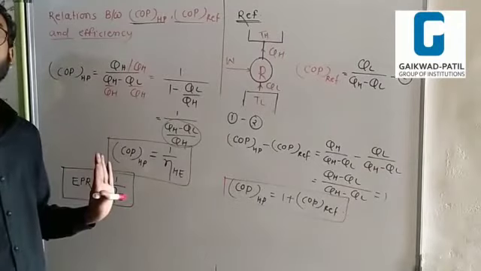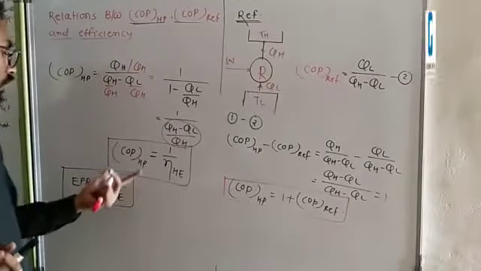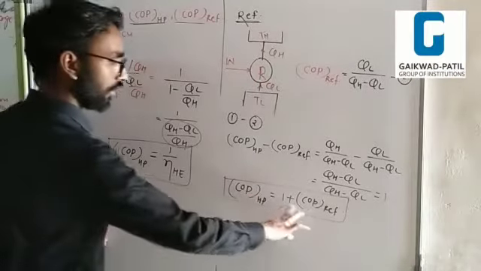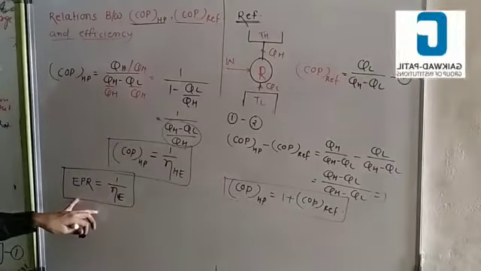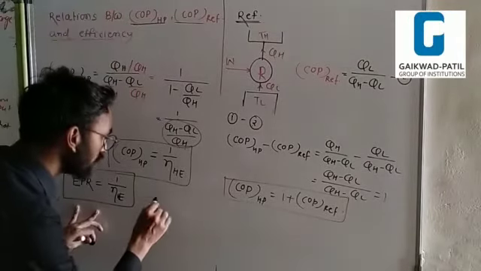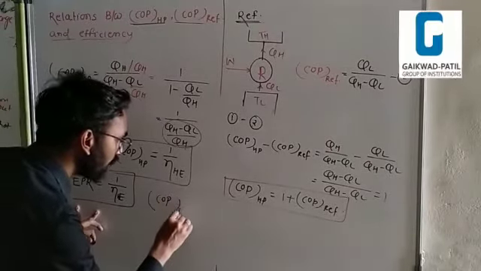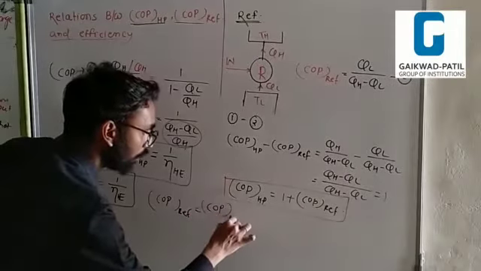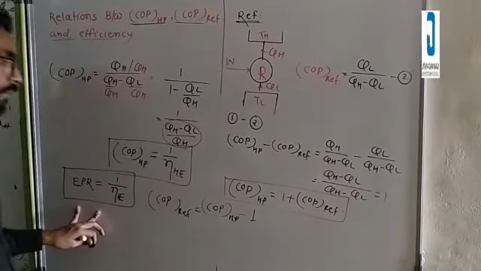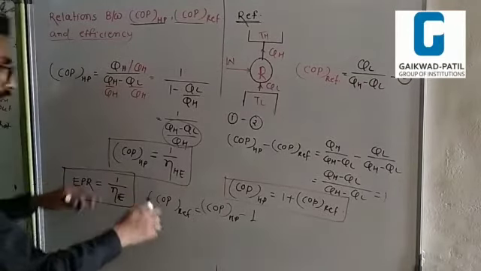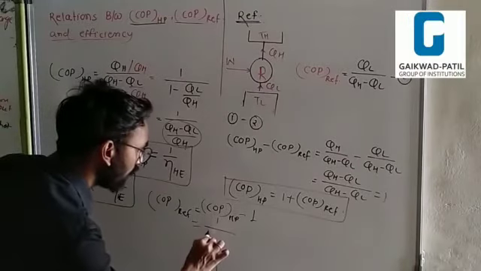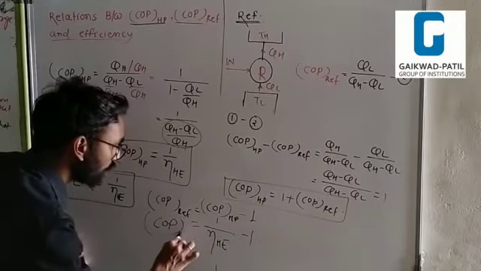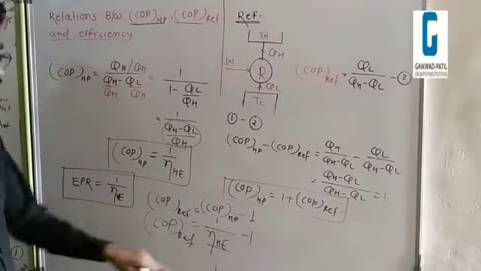If you want to calculate the COP of the refrigeration, the COP of the refrigeration is equal to the COP of the heat pump minus 1, where the COP of the heat pump is 1 over the efficiency of the engine.